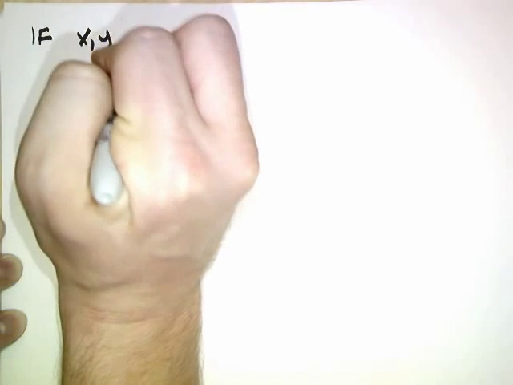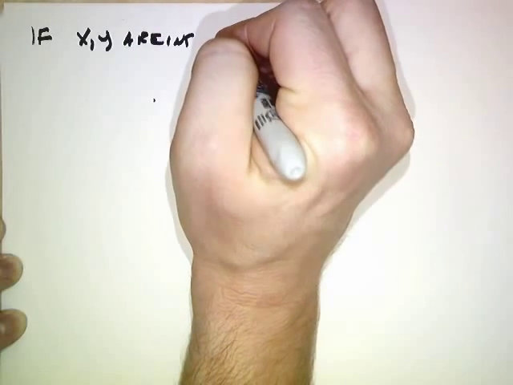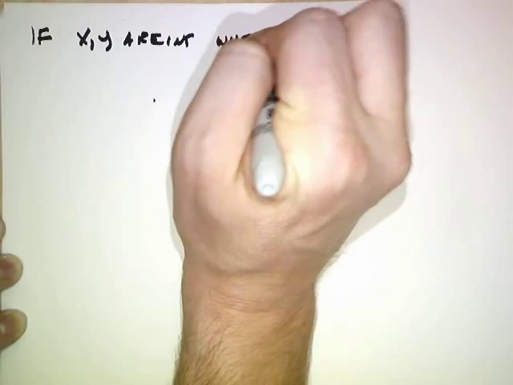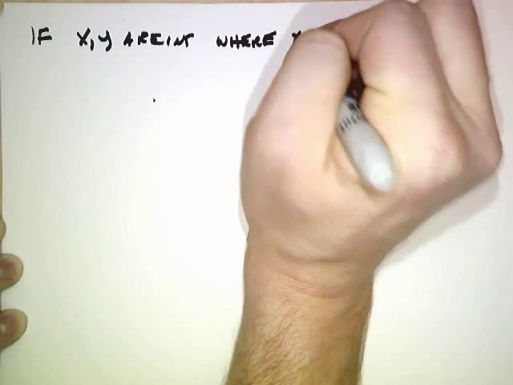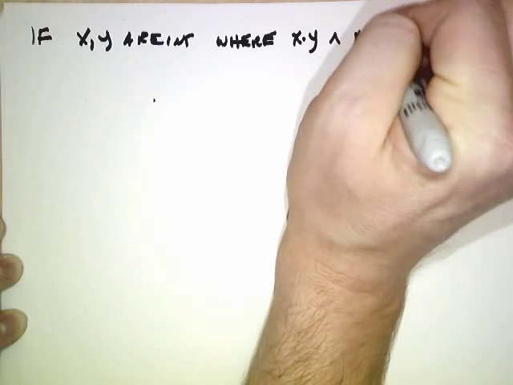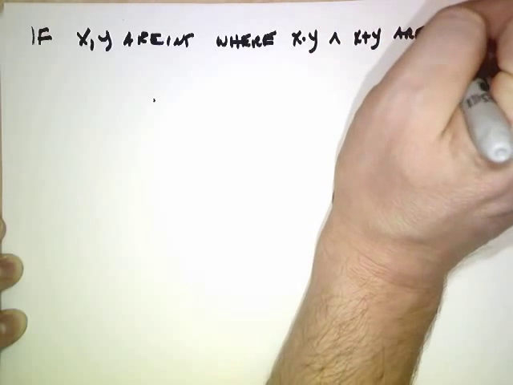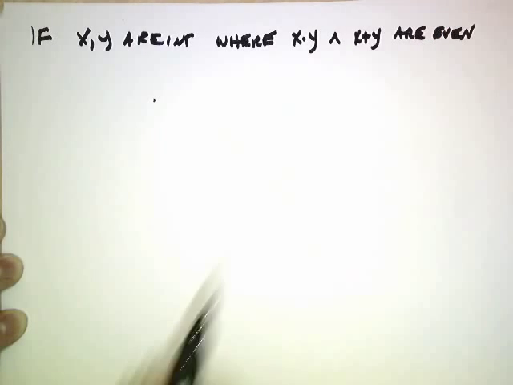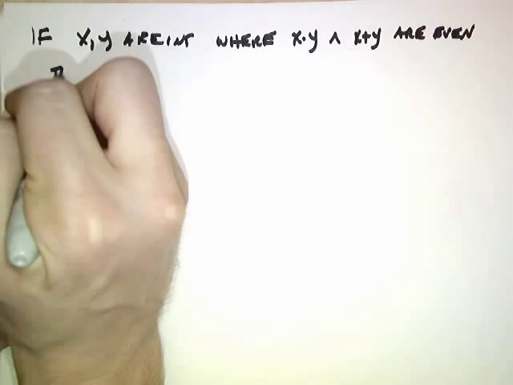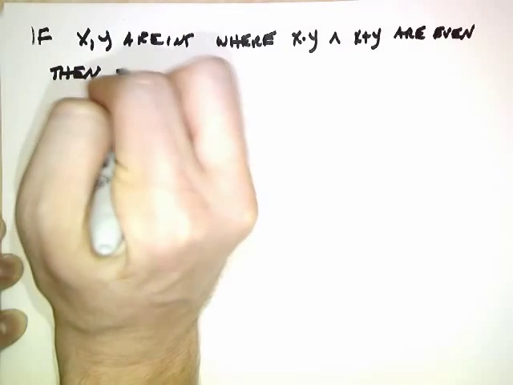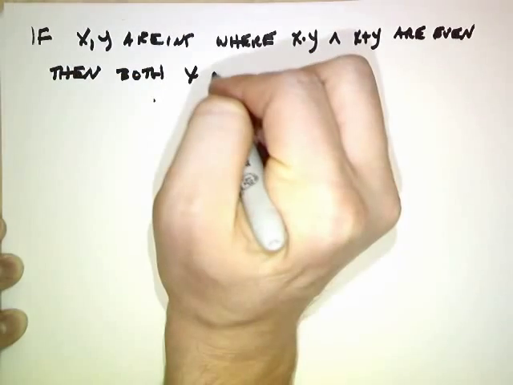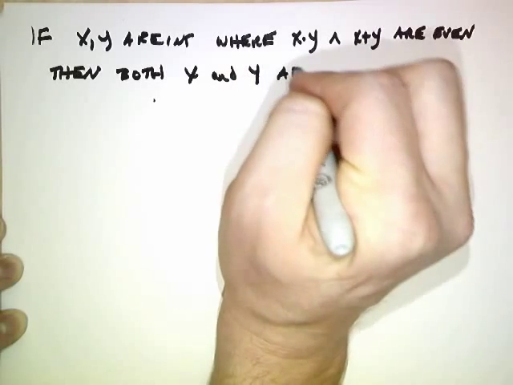So the example is actually example 7 in the Rosen book from section 1.8, and it says if x and y are integers where x times y and x plus y are even, then both x and y are even.